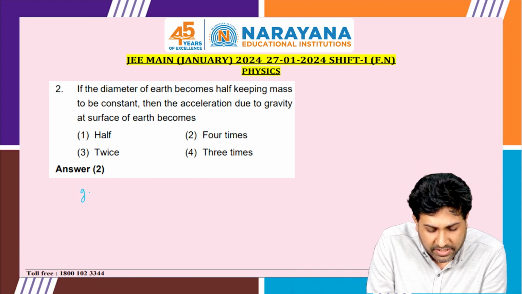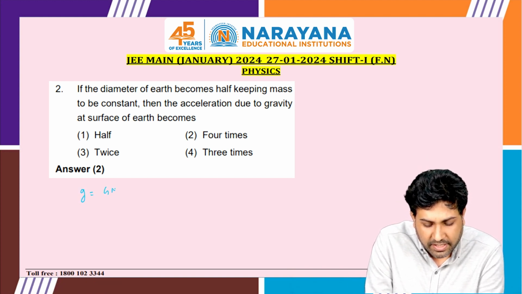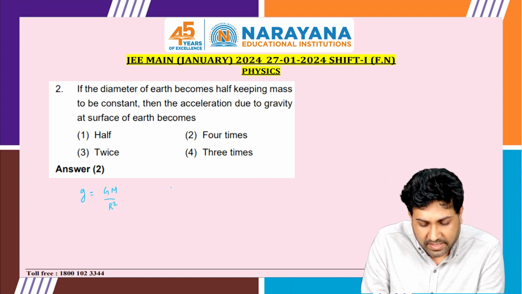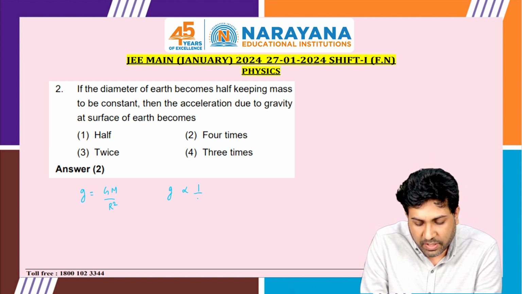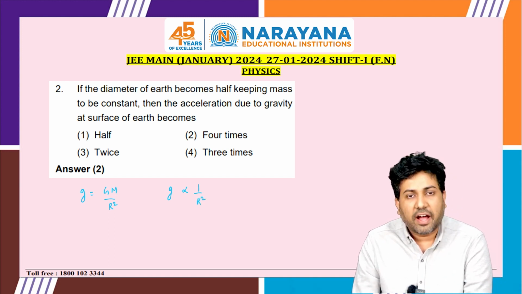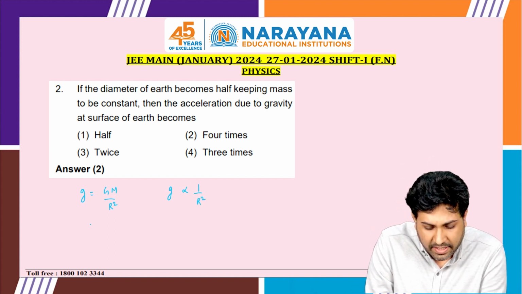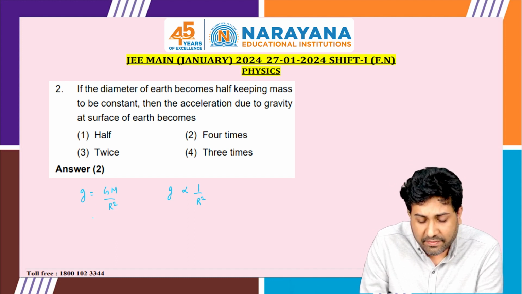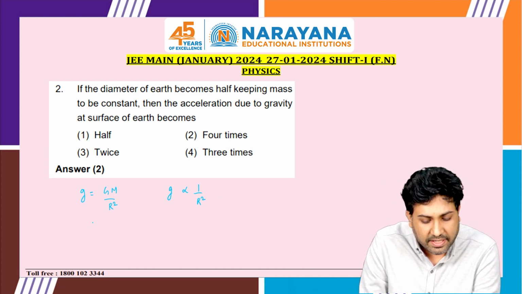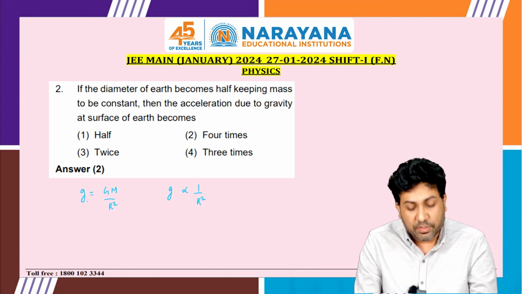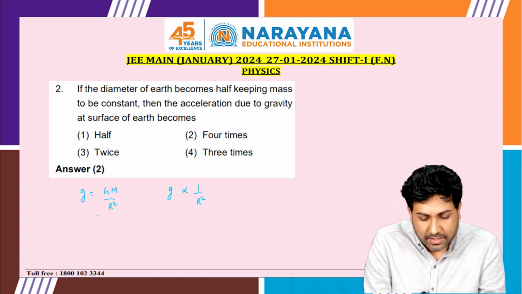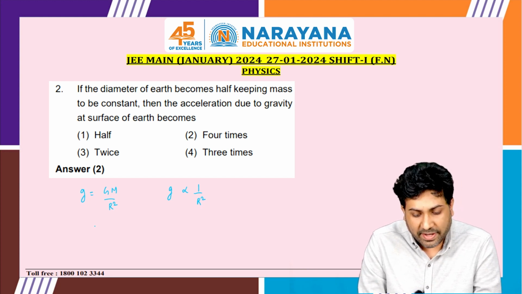You know that the acceleration due to gravity is equal to GM by r square. That means the acceleration due to gravity is inversely proportional to r square. Because the mass is constant, the acceleration due to gravity depends only on r, and it is an inverse square relation.